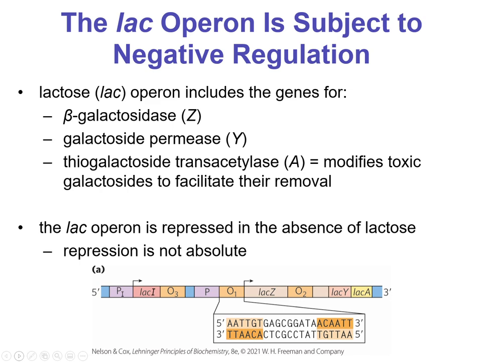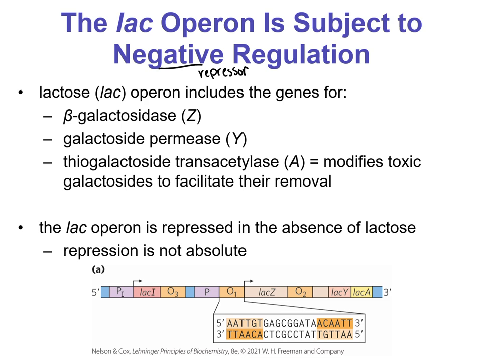The lac operon is subject to negative regulation. So automatically in your mind, negative regulation, think repressor. The lac operon has the genes for the beta-galactosidase, the permease, and also a transacetylase that modifies toxic galactosides to aid in removing them from the cell.